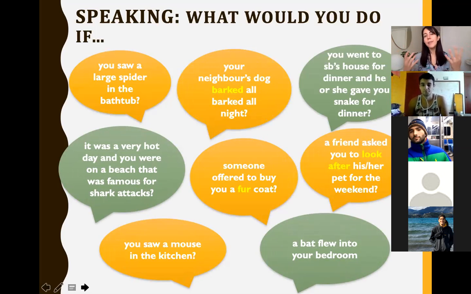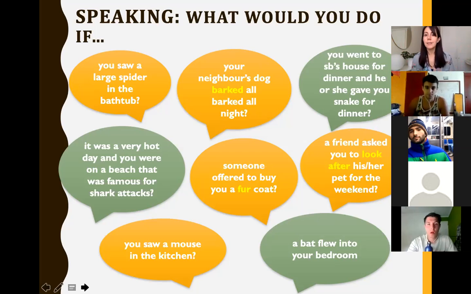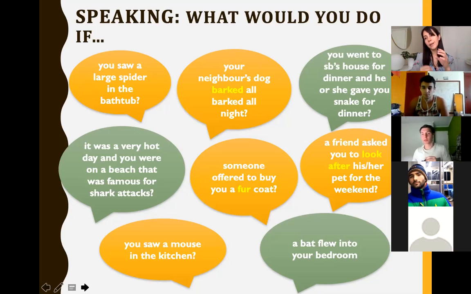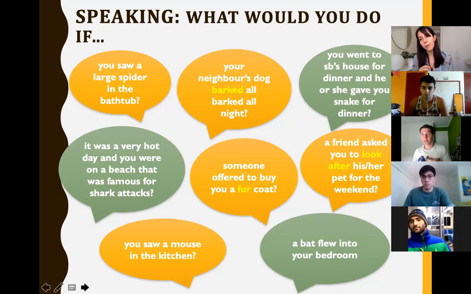We need the grammar, because grammar is like the spinal cord, the bone structure of the language. Even if we don't like grammar, we have to learn it, because it is the basis of everything. When you learn tenses and structures, you need to see how one structure relates to the other, you see?